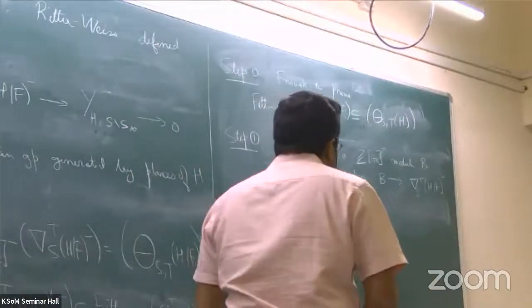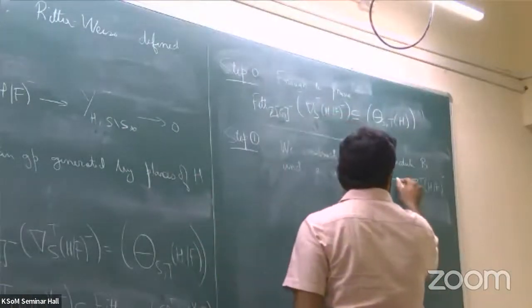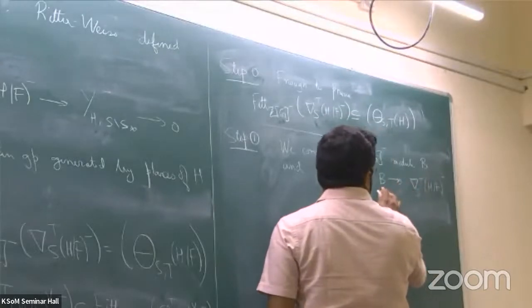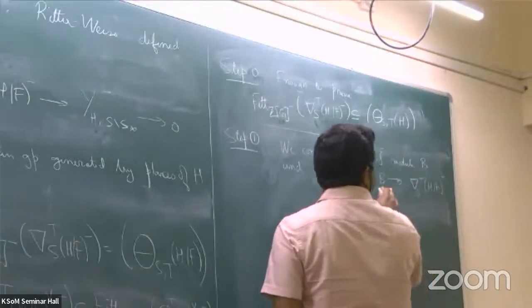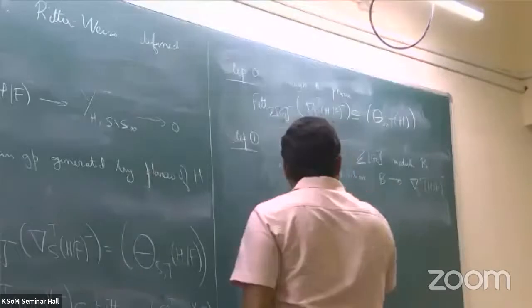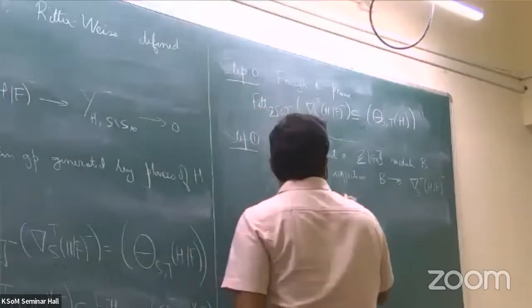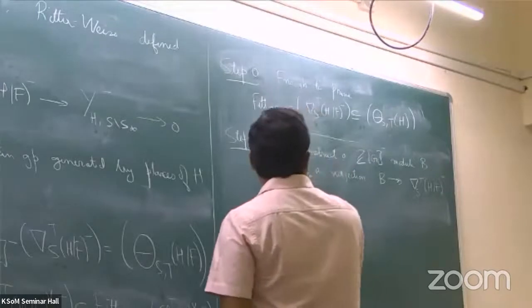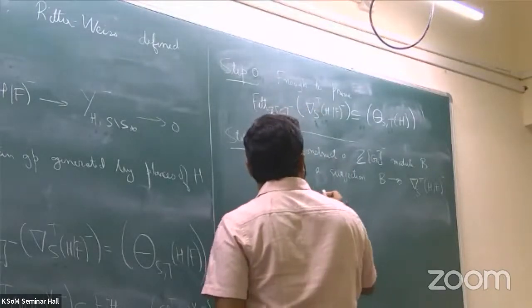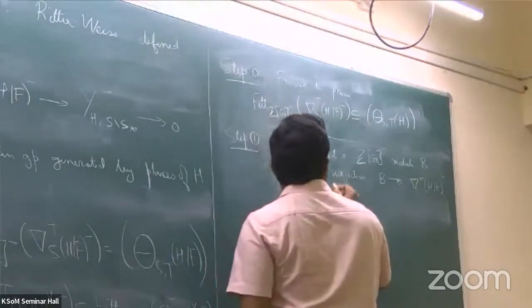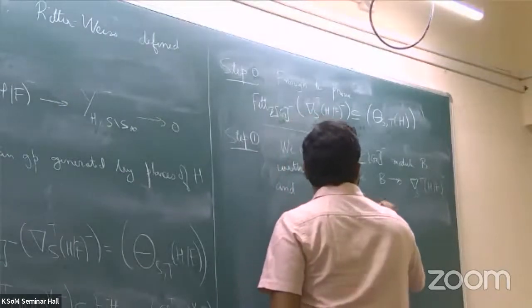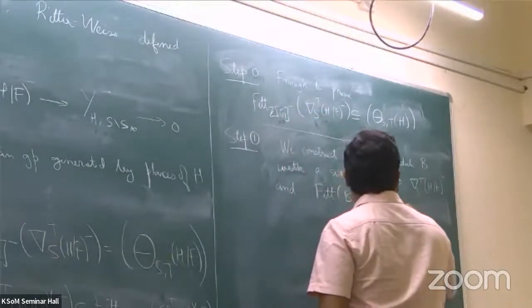Okay, so that's what we are going to do. We are going to construct some object with a surjection onto this, and then we'll show that this object is large. So a module B with a presentation, and the fitting ideal of B is contained in theta.